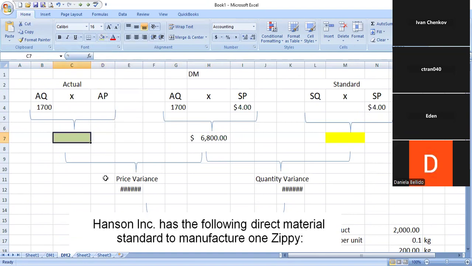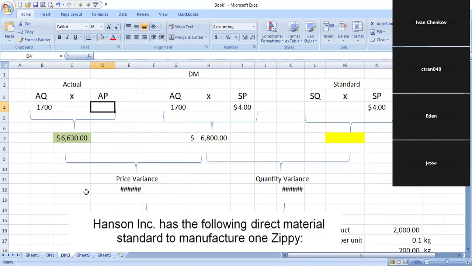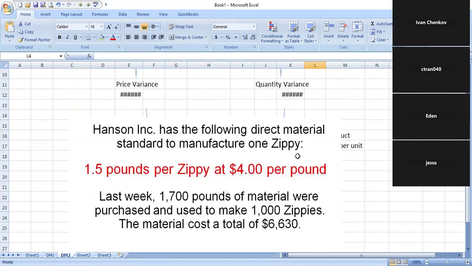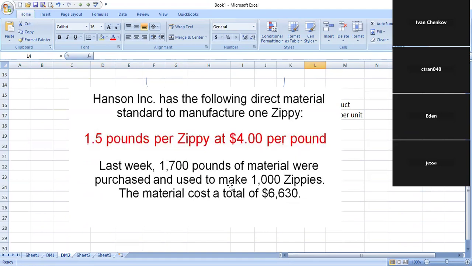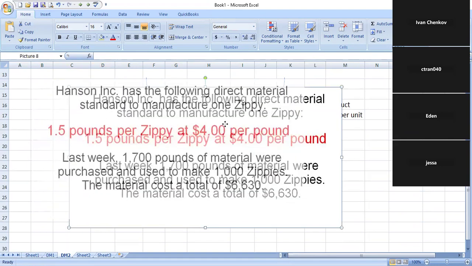In the green cell, we're going to have the total cost of $6,630. At this point, can I get my actual price? Yes. 6,630 divided by 1,700, that's going to be $3.90. The last thing that's left is my standard quantity. Now, do I know how many products I produced?